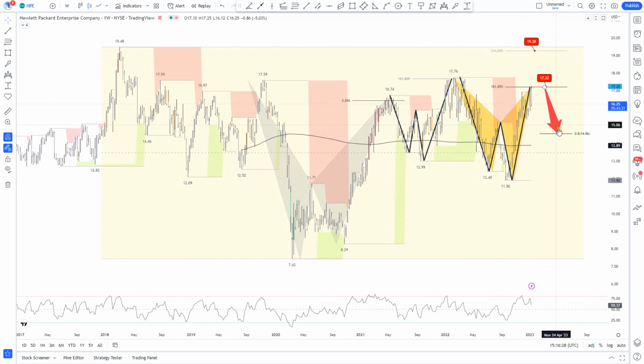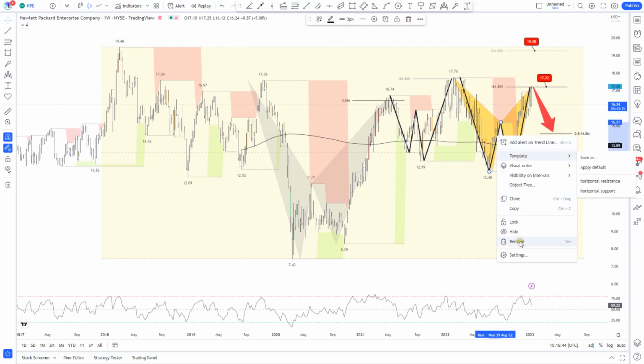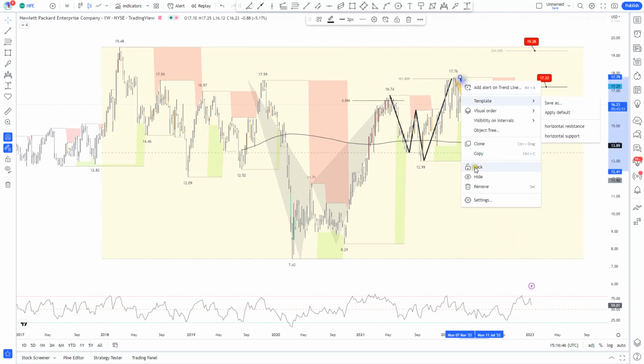As I said, I expect at least a retracement to the 50%. We have the 200 moving average also pointing to 1389. Let's see how it will develop. So this will complete the bullish 5-0 sequence if achieved.